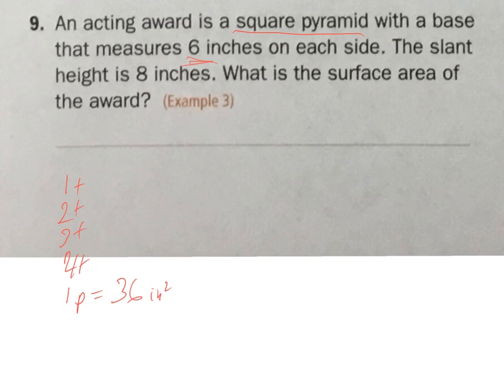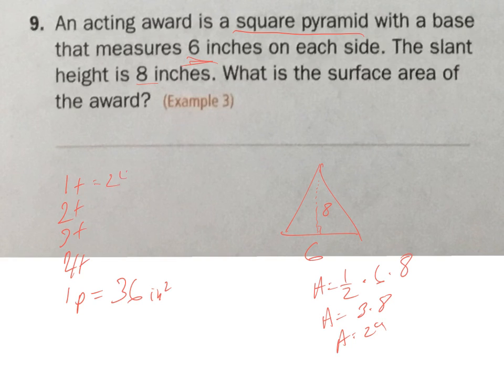Now the slant is 8 inches. So all 4 of these are going to be 6 on the side and a slant height of 8. So area equals 1/2 times 6 times 8. And area equals 1/2 of 6 is 3 times 8. Area equals 24.